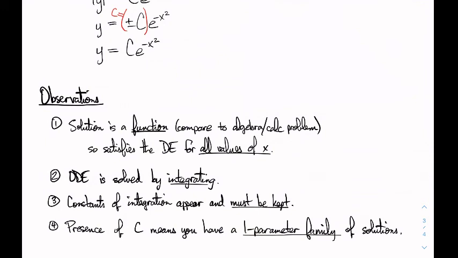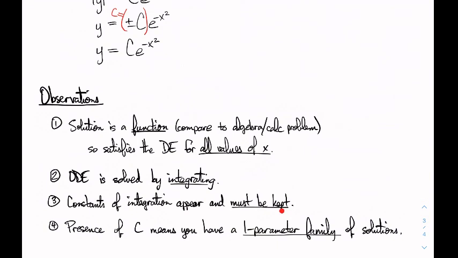And so it has to satisfy the differential equation for all values of the independent variable x. Secondly, we notice that the differential equation is solved by integrating. That's how it is. We want to get rid of those derivatives, and we get rid of derivatives by integrating.